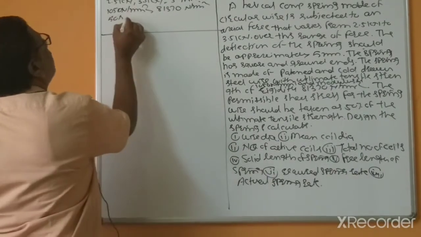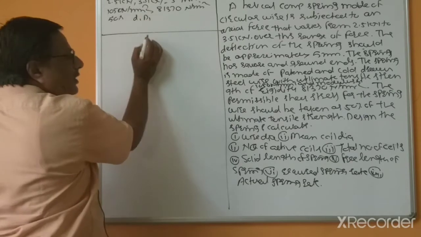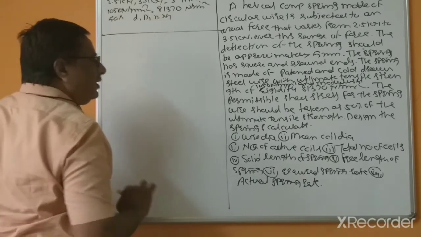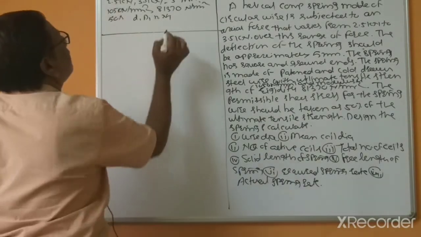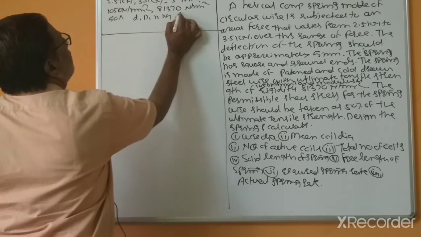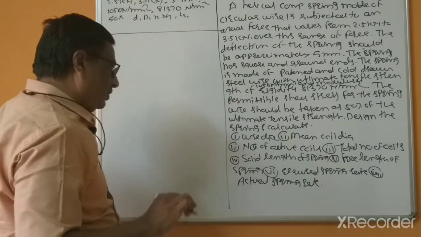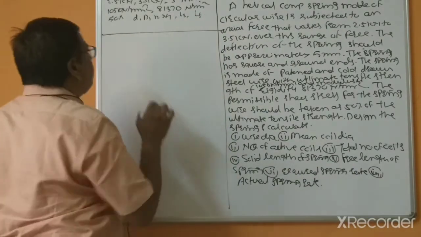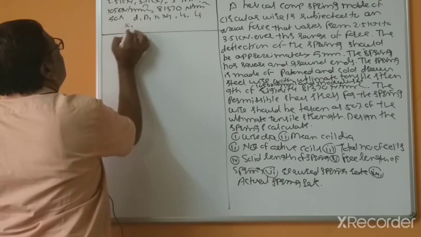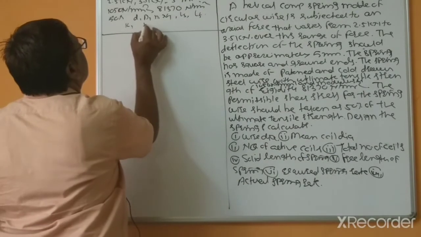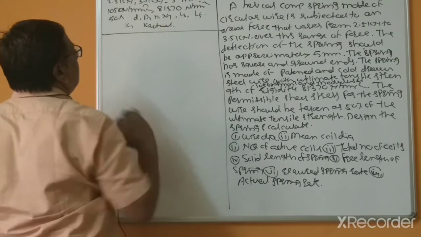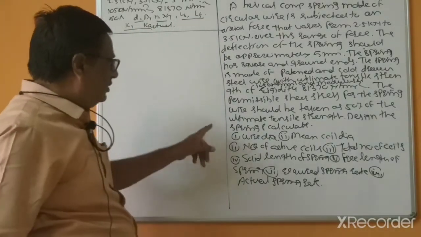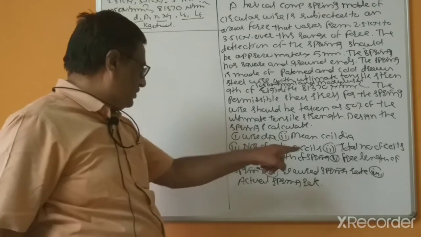Now next, wire diameter d, mean coil diameter D, number of active coils N, total number of coils NT, solid length LS, free length LF, spring rate K, and this is actual. 1 2 3 4 5 6 7 8.